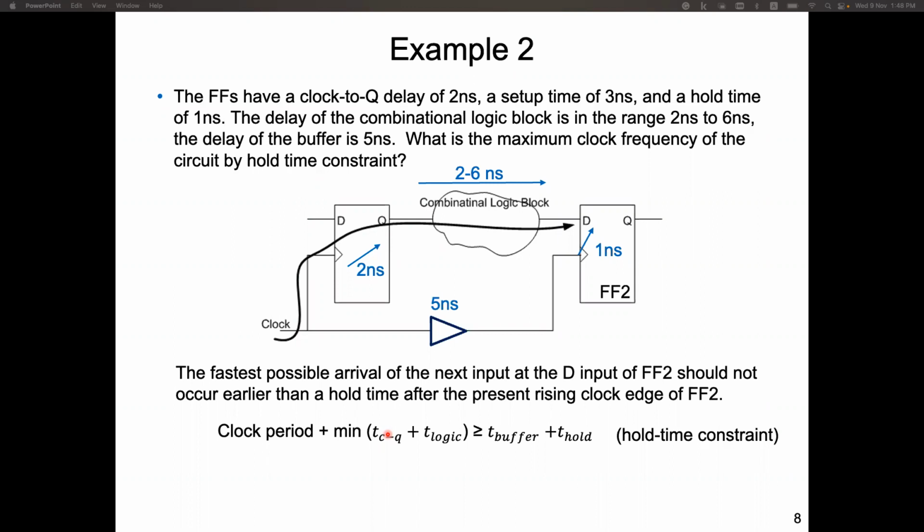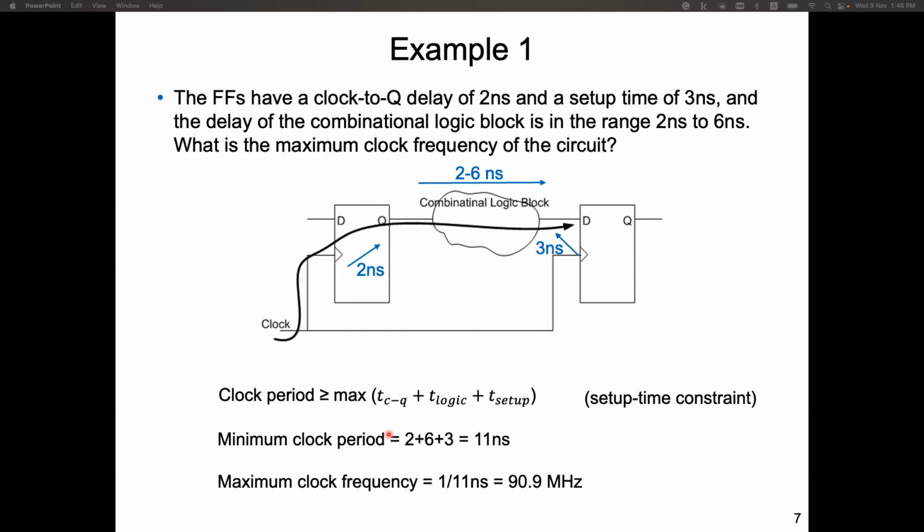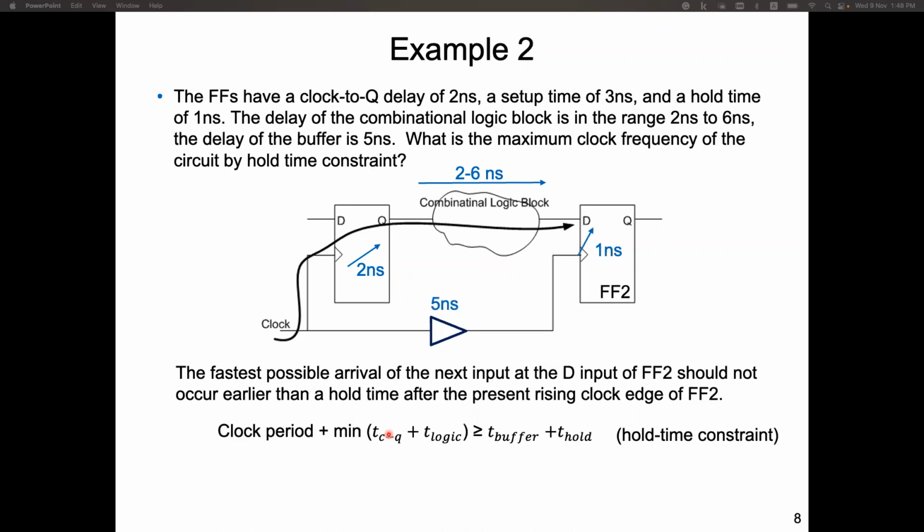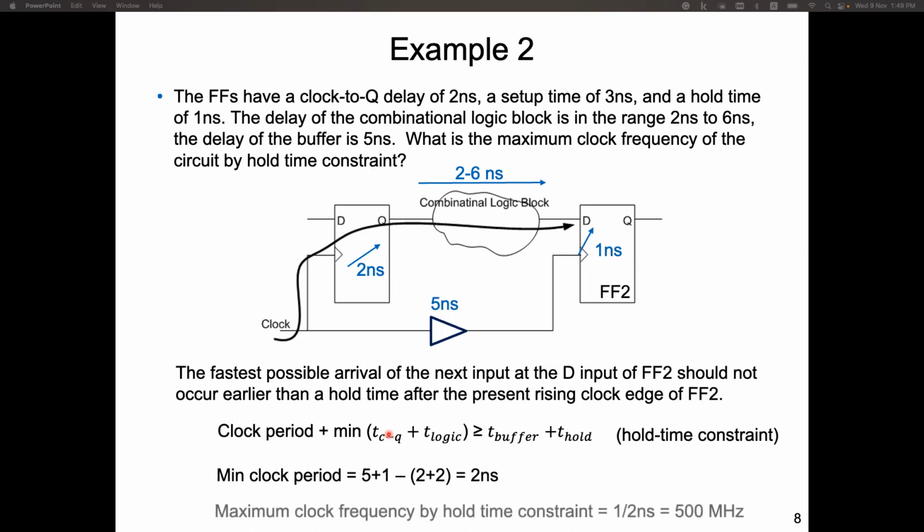In example one, with the setup time constraint, the period may be even longer than this hold time. Yes, in this case, the situation is not bad. You do not need to worry about this hold time constraint. But in some cases, if this is very long, you may need to consider that. I'm just showing you.